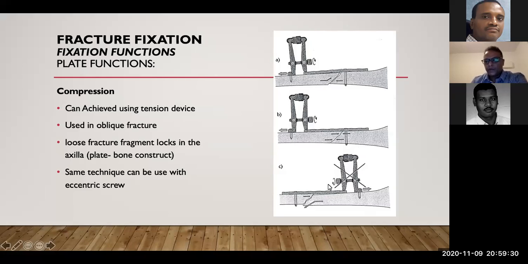However, if you put your tension device in an obtuse angle, the fracture will move and there will be malalignment, and this wouldn't work. So you have to create an axilla or an acute angle between the plate and the fracture.